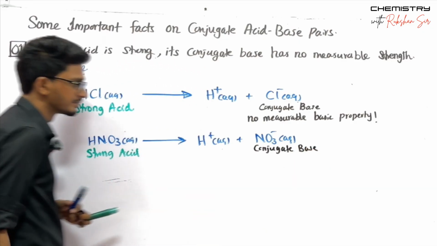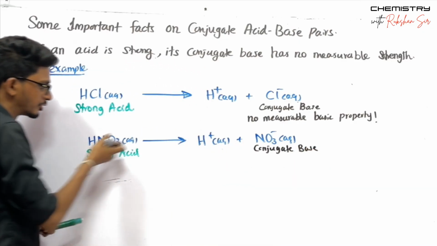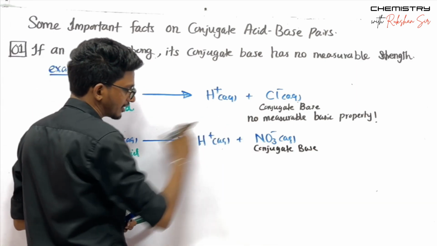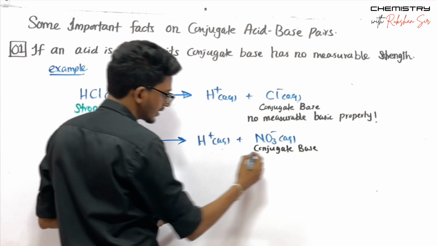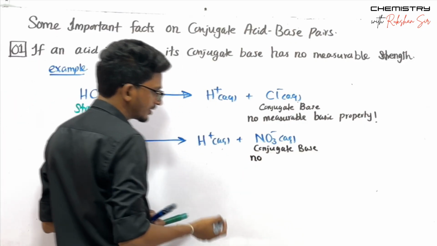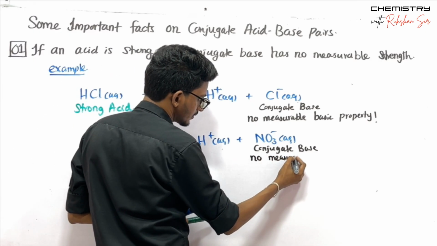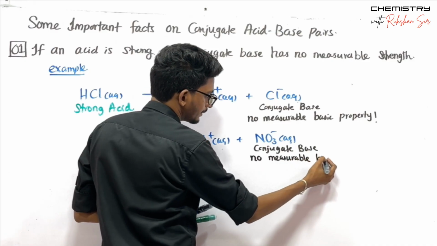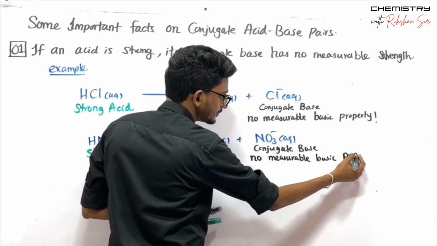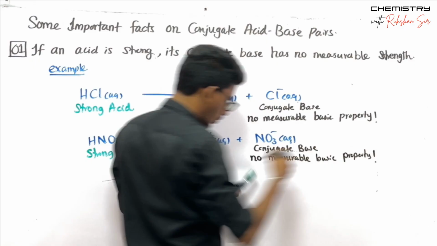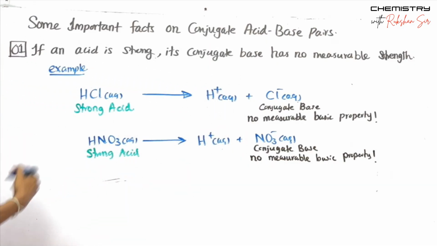You clearly see that this won't accept H plus to produce HNO3 again. So no reverse arrow is there. So no acceptance of H plus, that means no measurable basic property. Like that, for all the strong acids, the same thing is valid.